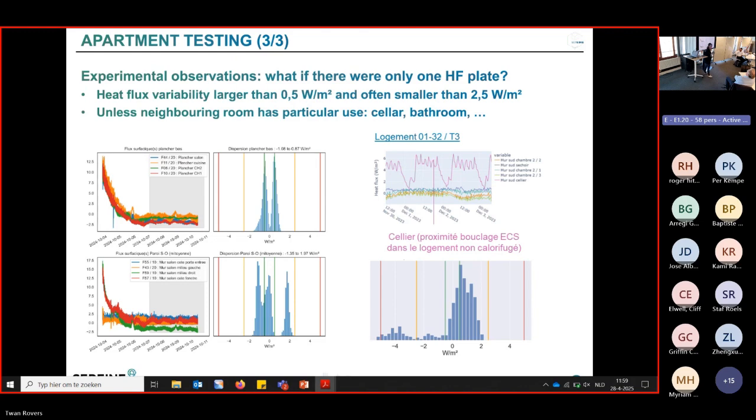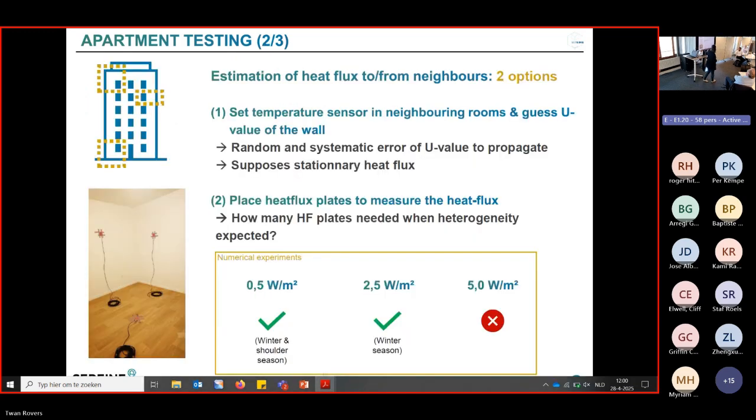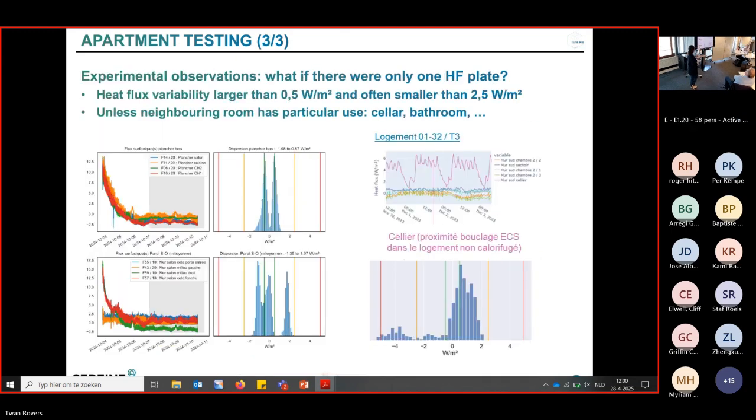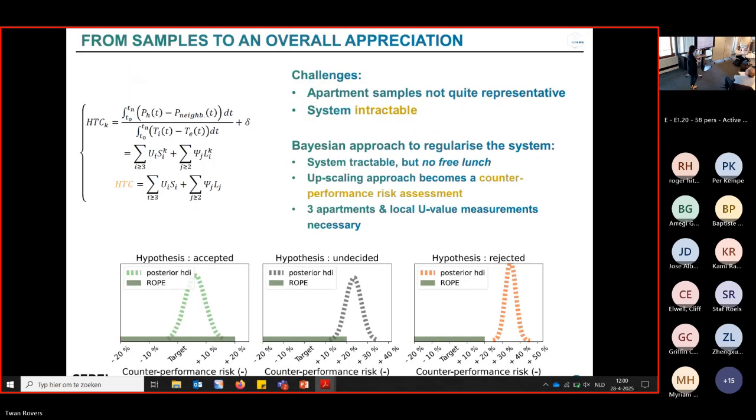That's not even accounting for the uncertainty of the sensors. It's just that we assume there's spatial heterogeneity. So this means that we're most of the time in this scenario. So the measurement can only be applied in strict winter to have something trustworthy and reliable at apartment scale.